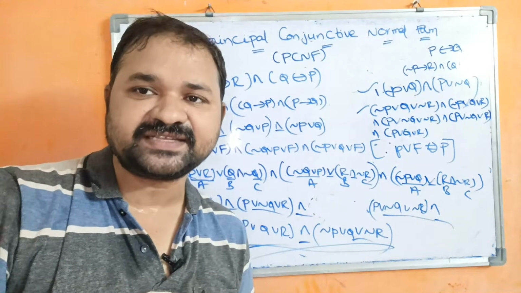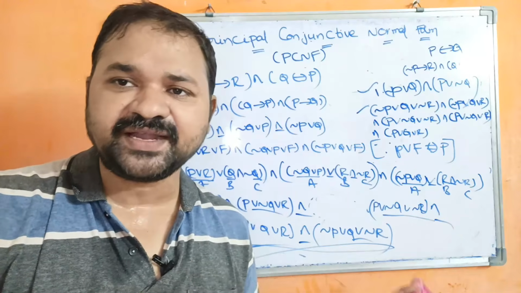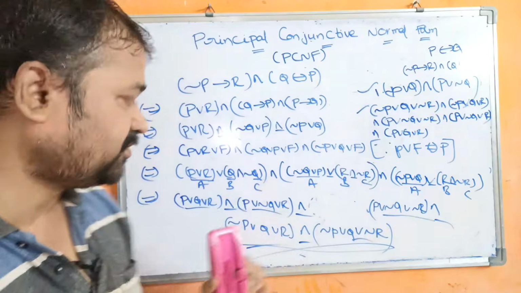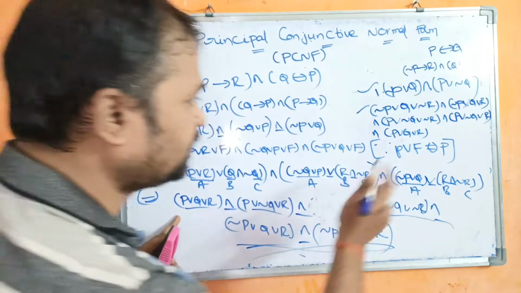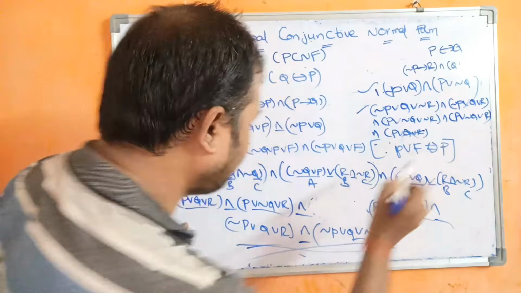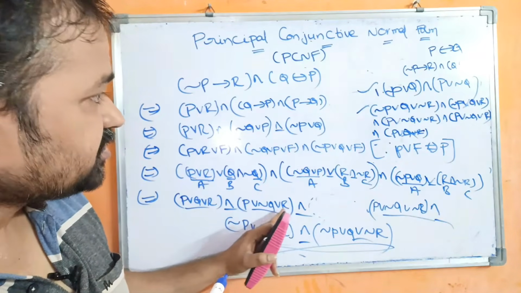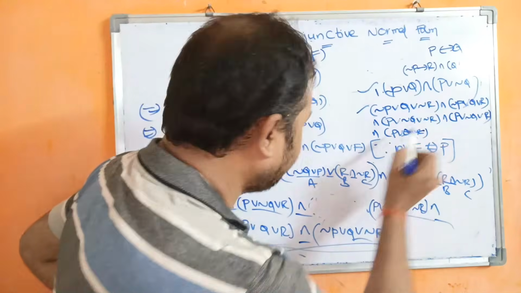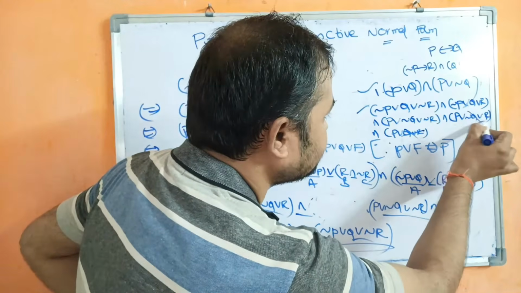Now let us check whether the solution is correct or not. Why? Because already we solved this problem by using the truth table. Okay. P OR Q OR R. Next, P OR negation Q OR R, so this is this term.